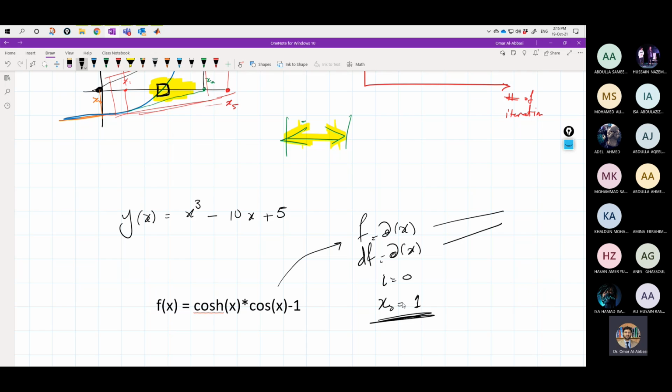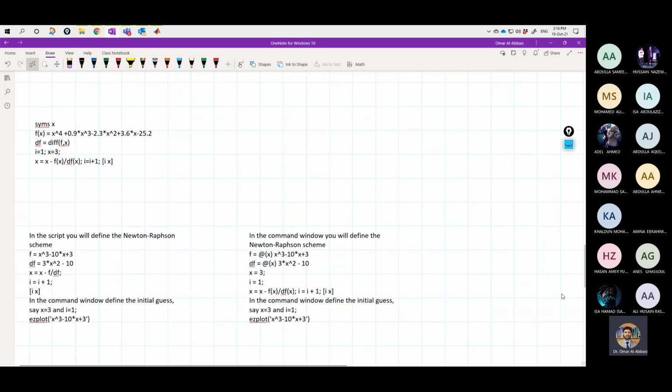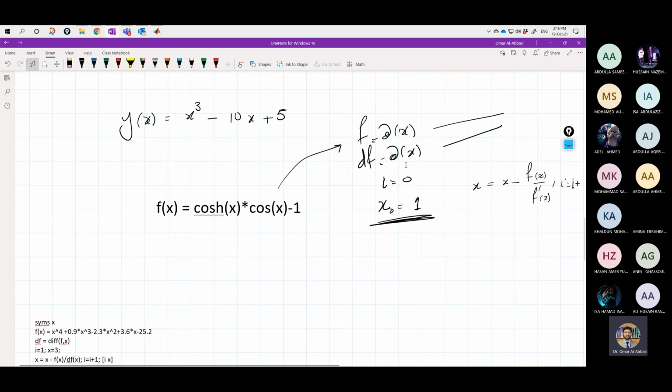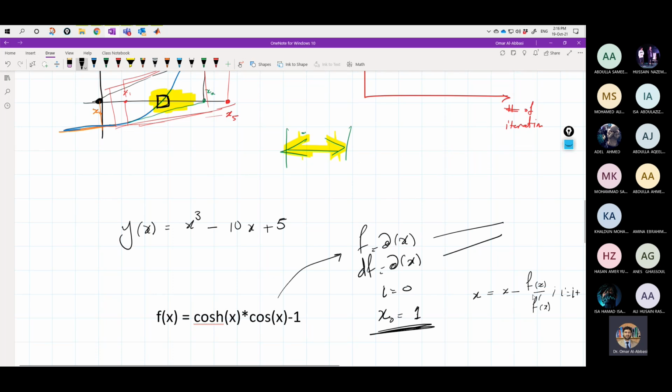Okay, then use this initial guess and say that the new solution equals the old solution minus f of x divided by the derivative and advance the i plus 1, okay, as well as the solution. All right, I will pause for 10 minutes, and I want you to handle this problem.